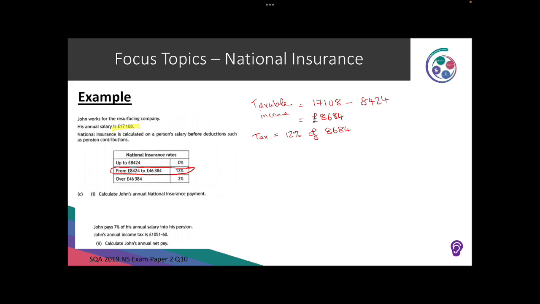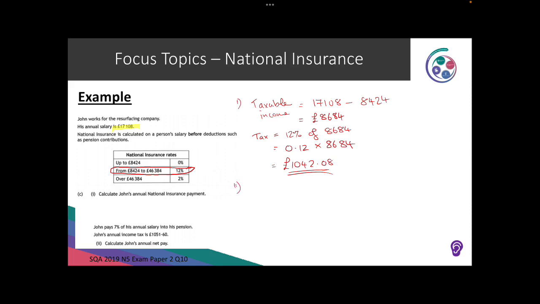This question is in paper 2, so the easiest thing would be to do 12% as a decimal, so I'm dividing 12% by 100 to get 0.12, and if I times that by 8684, that'll tell me how much tax John will pay. So 0.12 times 8684 gives me a tax of £1,042.08 there. And that is my answer to part 1.